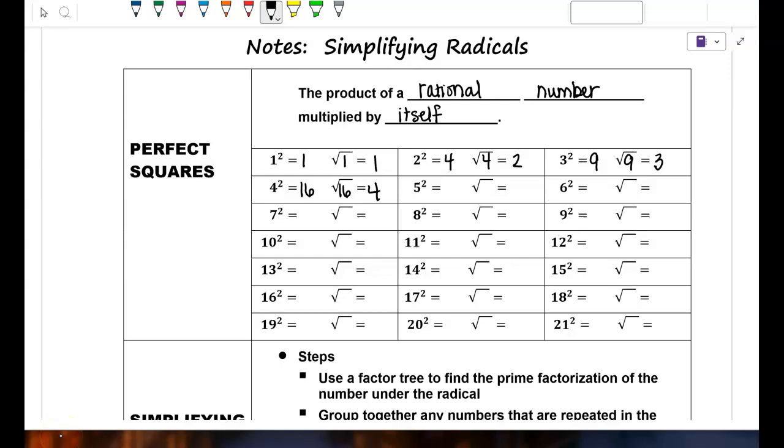All right, so Maya, what is 5 squared? So the square root of 25 is 5. Gabriel, what is 6 squared? So the square root of 36 is 6. Leah, 7 squared. And the square root of 49 is?